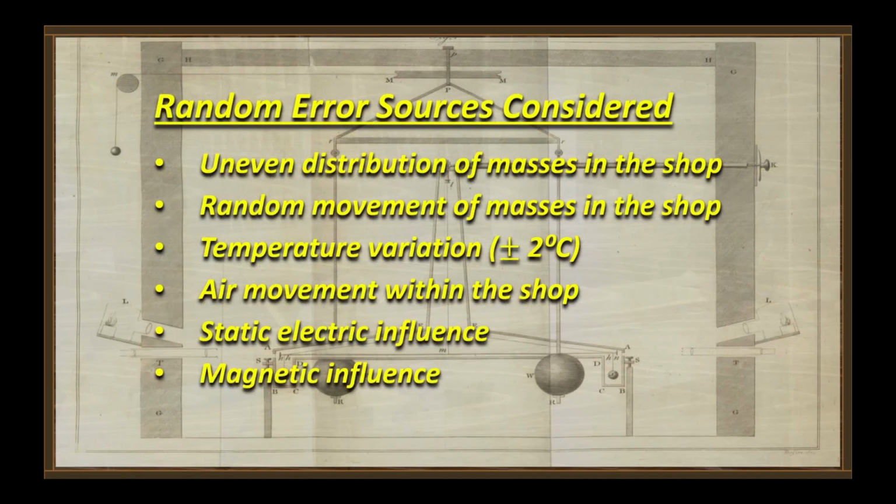Now you recall before that we talked about random error sources, and random errors occur in every experiment. These are things that just happen, well, randomly, and they may appear in some tests and not in others because they're random in nature.